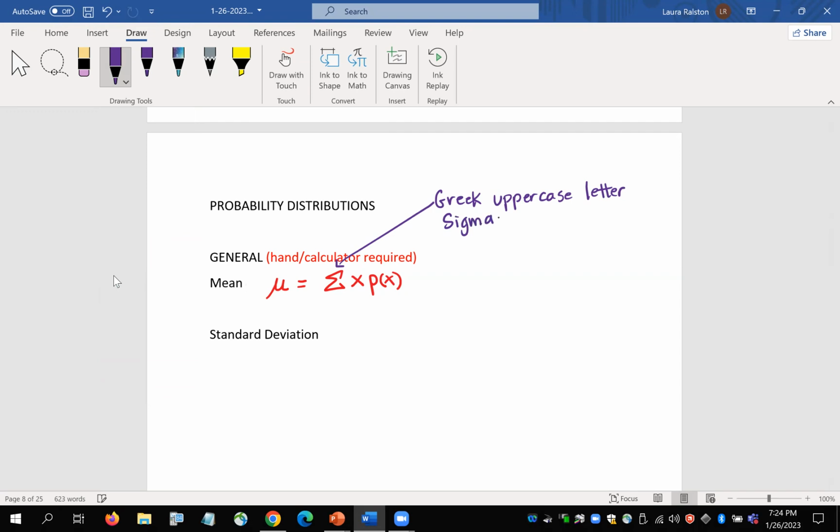And in mathematics, not just in statistics, whenever you see that symbol, it means total or add the values that are indicated. And it's telling you to take each individual x and multiply it times the probability of x.